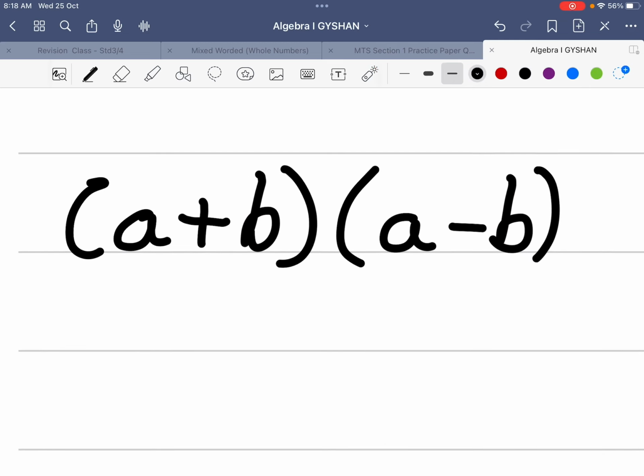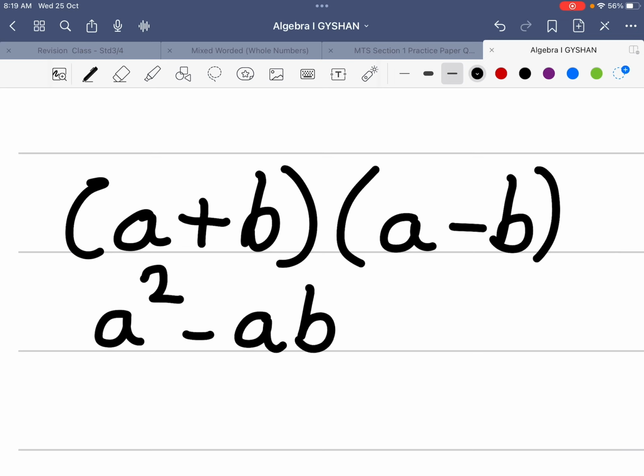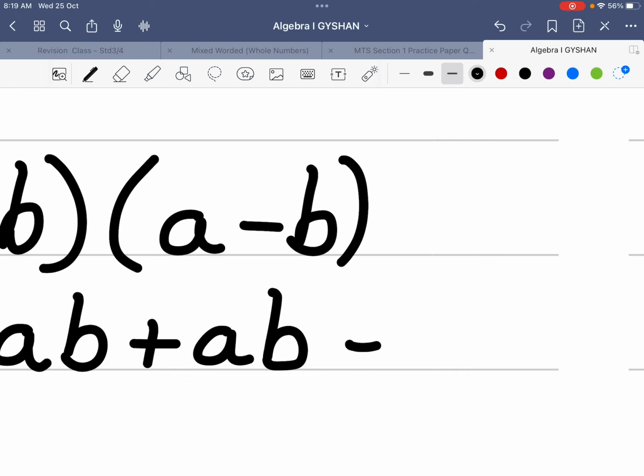So let's multiply this. A times A is A squared. A times minus B is minus AB. B times A is AB. And B times minus B is minus B squared.